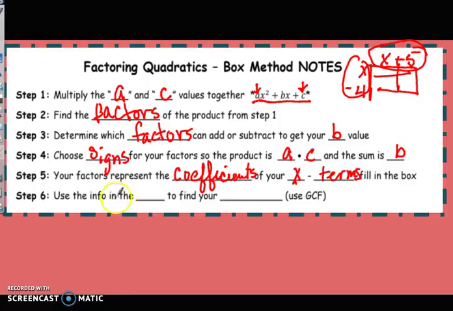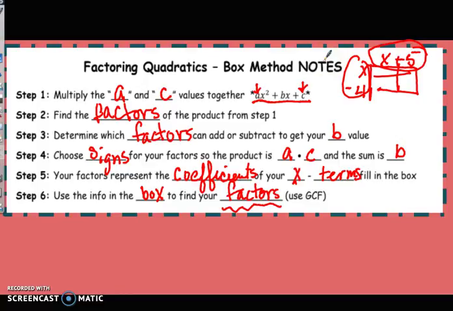Okay? And so we're going to use the info in the box to find your factors. Now, when I say factors here, I'm talking about something different. The factors here means what multiplies together to give me back the x terms.